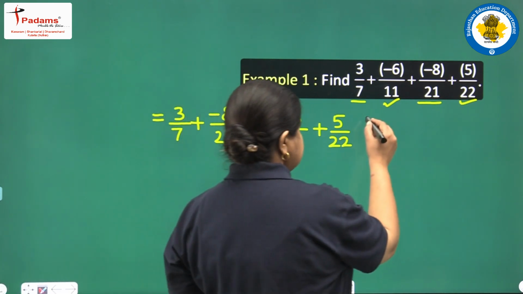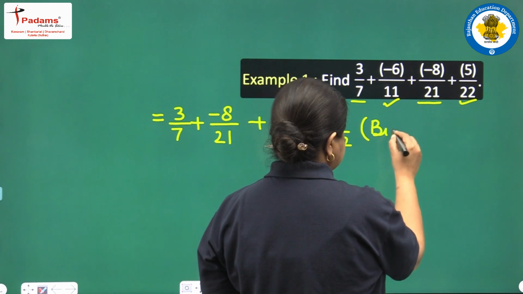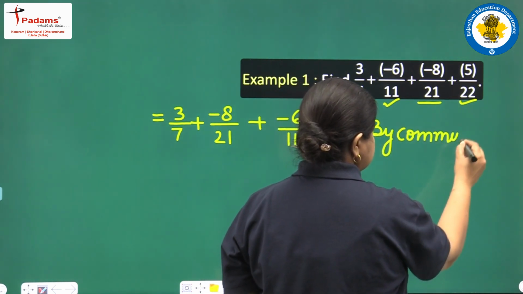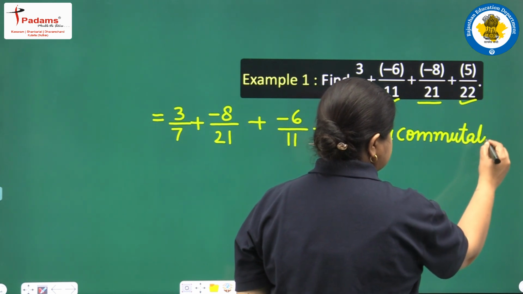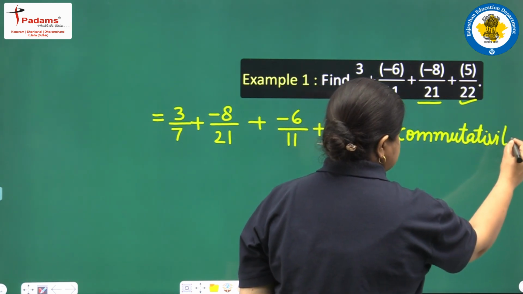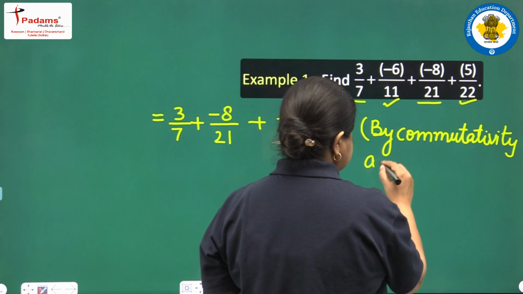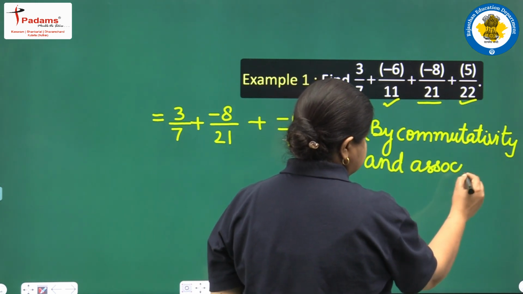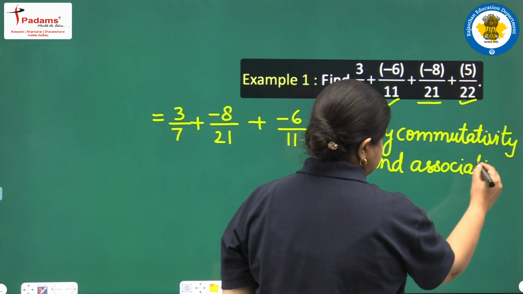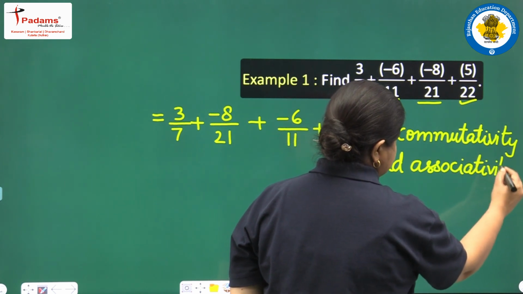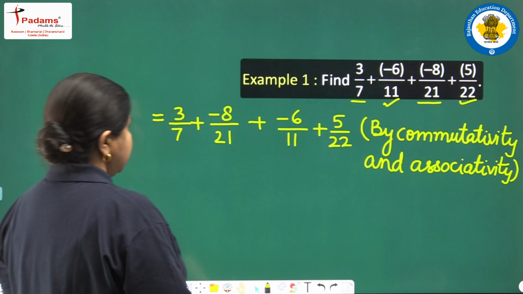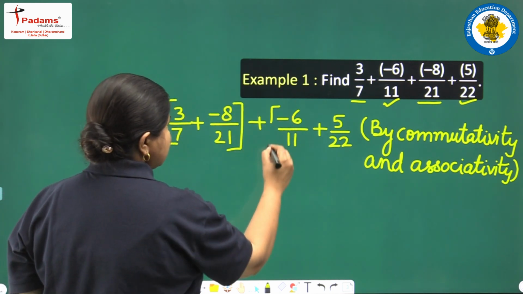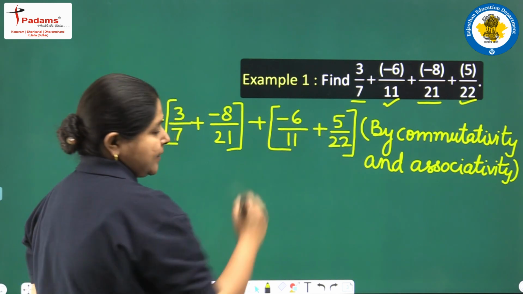We can write here by commutativity and associativity. We can solve these two terms together and these two terms together.